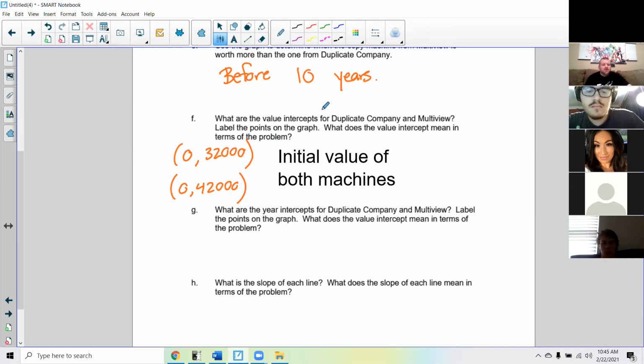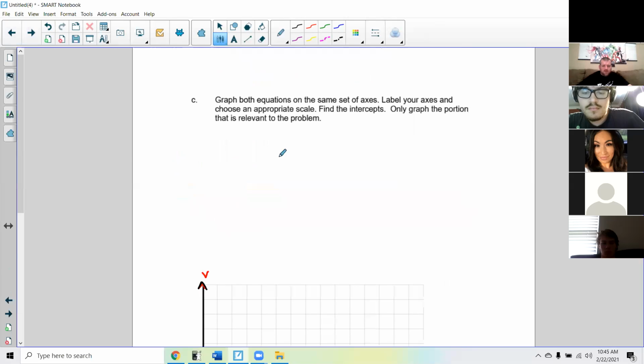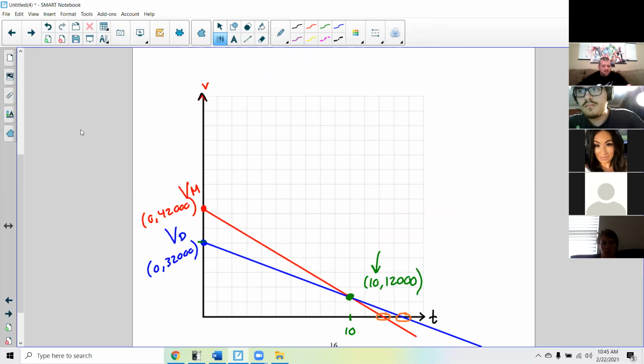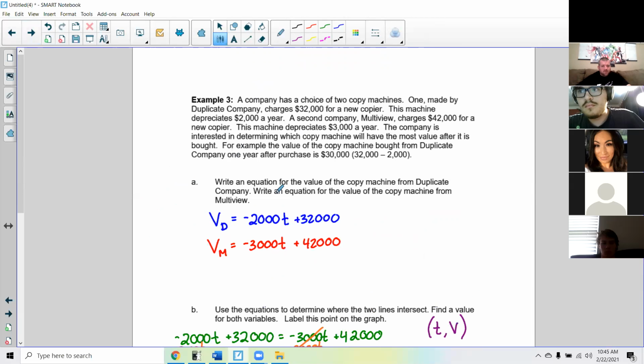Part G says, what are the year intercepts? Okay. We're not going to do that, but if you wanted to find them, that would be these 2 points, this point here, and this point here. If you're looking for the year intercept, you're just going to let the value be 0. So you'll go back to the initial equations. You'll let the value be 0, solve for t.